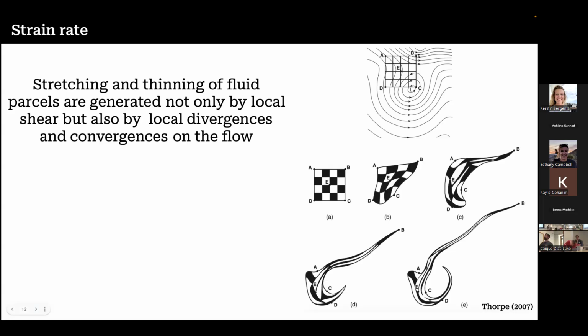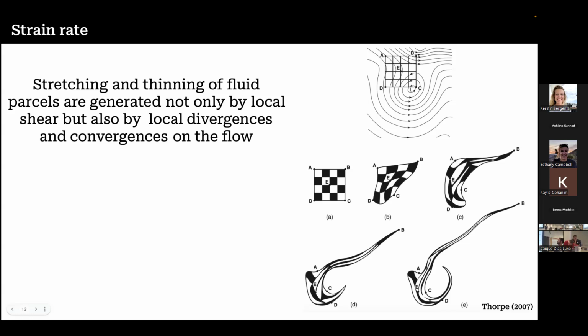This is a sketch, a schematic representing how a checkerboard pattern will be deformed by this flow here, which is a horizontal flow which has both shear, you have variation of the velocities in space, and you also have places with convergences and divergences.